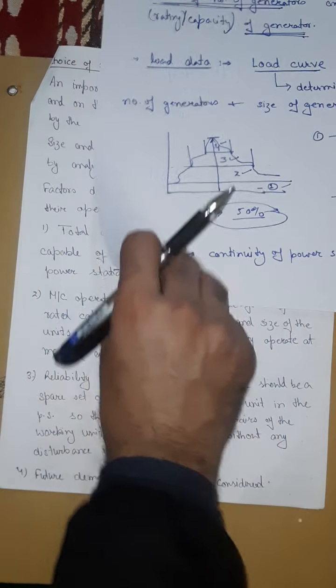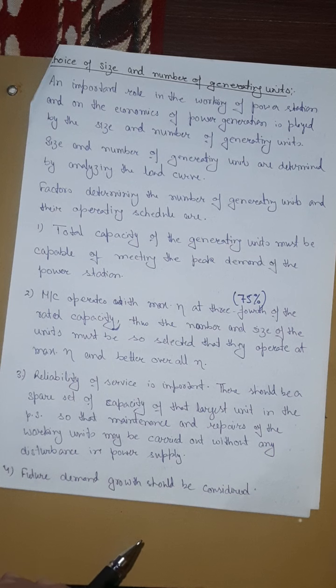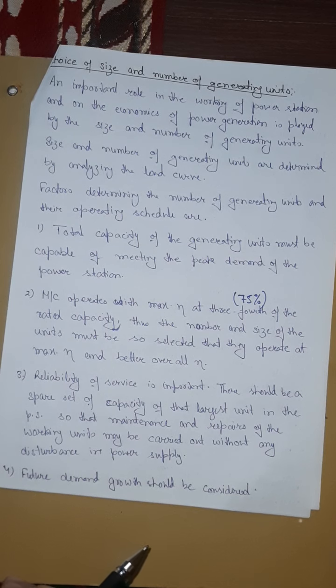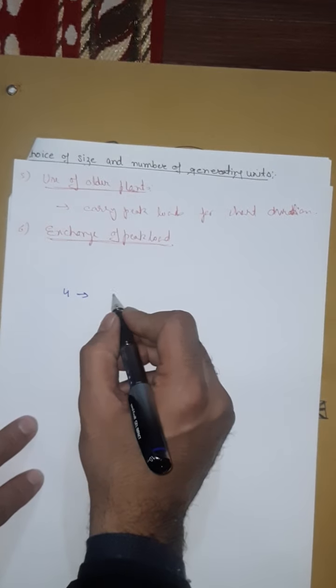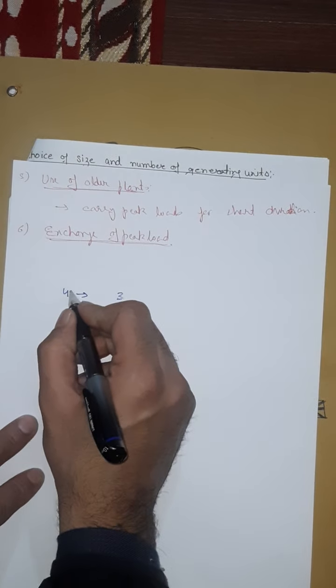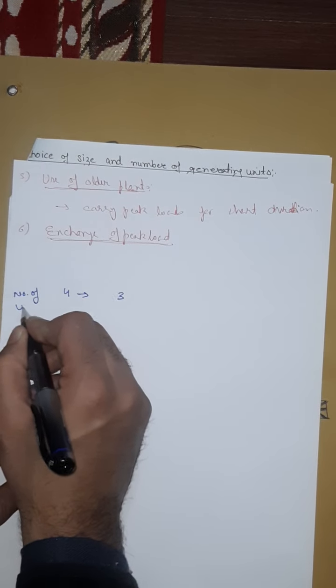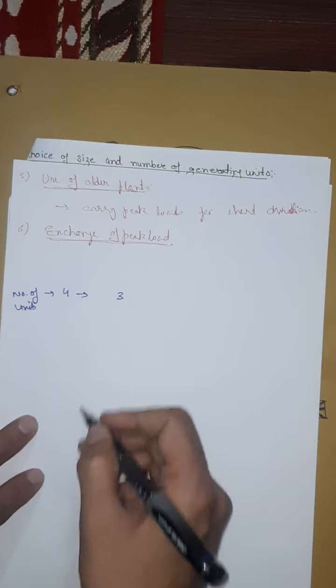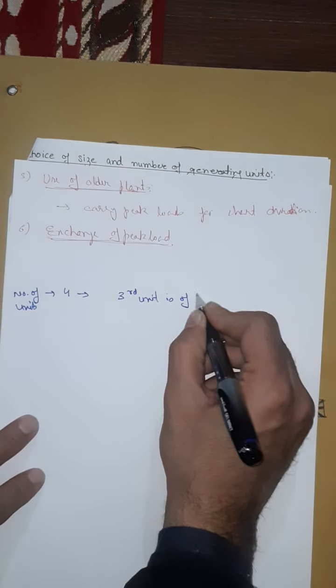So what we do, suppose, let me take another page so that I can write it clearly. Okay, here. I am saying that I have 4 units, and the third unit is of largest capacity.